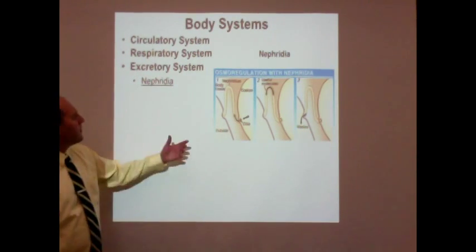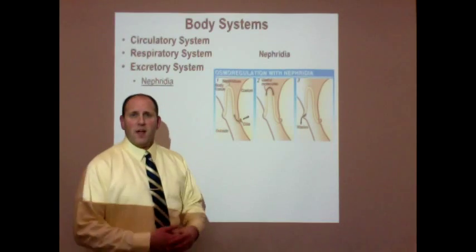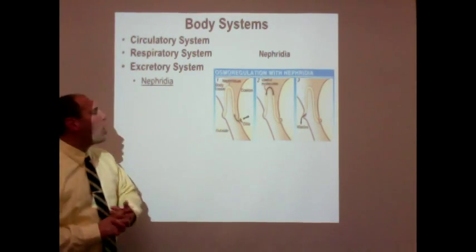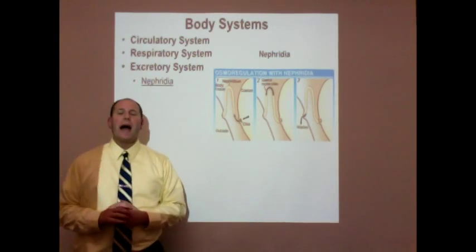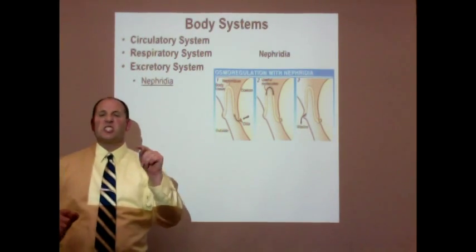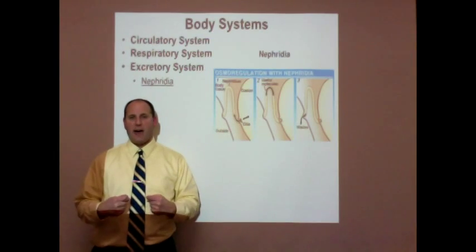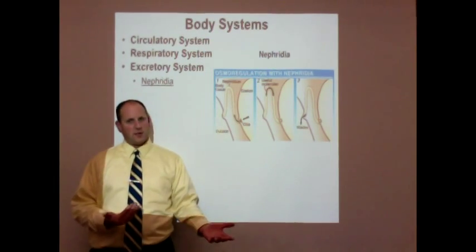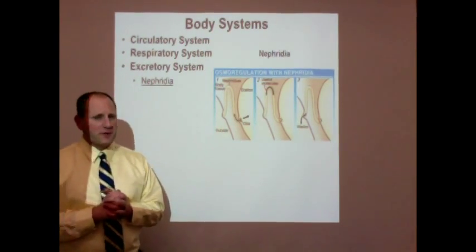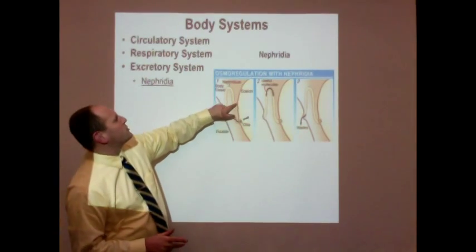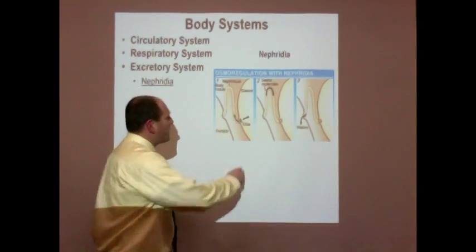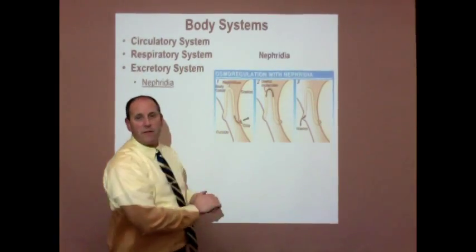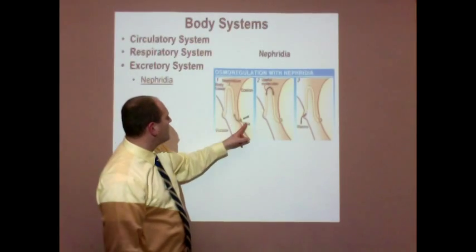Excretory systems, well, they have to get rid of waste in some way. Now, these particular organisms have what we call nephridia. Nephridia are the same structures that our kidneys have to help us to get rid of waste. These organisms use them a little bit differently. Nephridia are these little tubes that run basically through the muscle from the coelom, this body cavity where all of their organs are located.